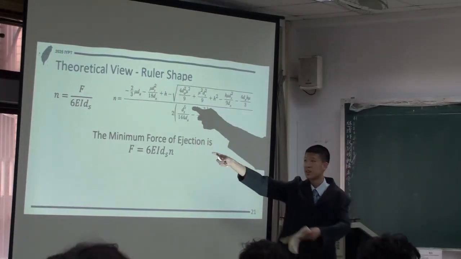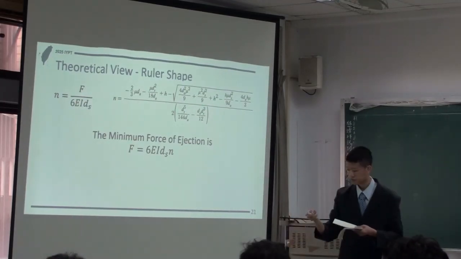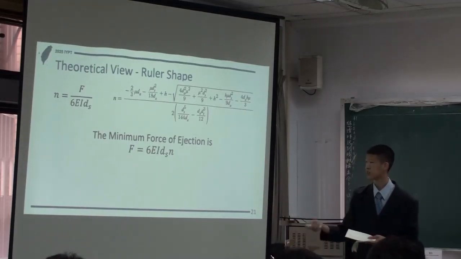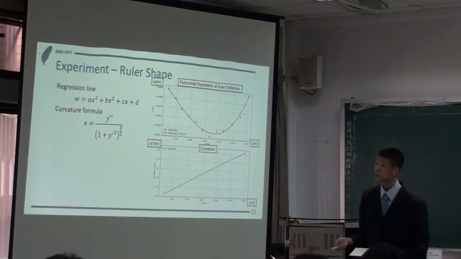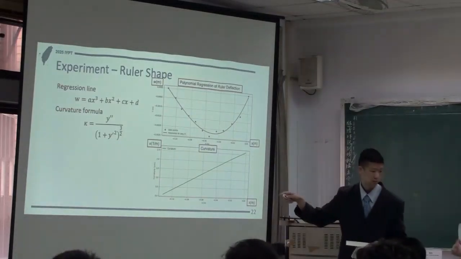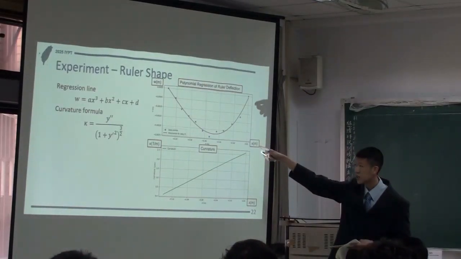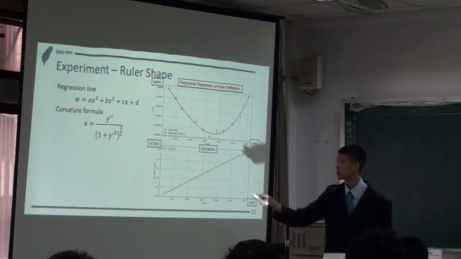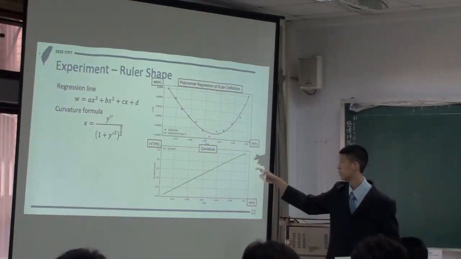That is just a symbol, and we can solve the minimum force of ejection, and we can fit the ruler shape. We regress the line, and we can use the curvature formula to find this.